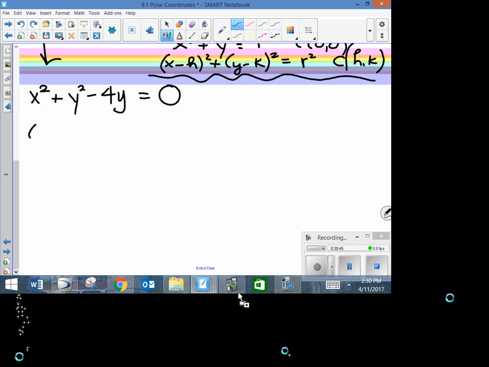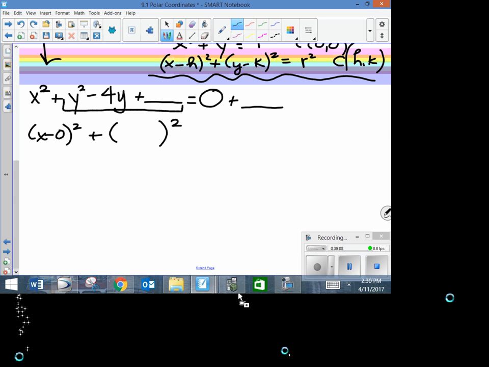So you can tell me how to. I've got this completed. I'm done with the 0. Now remember, you need to really make yourself remember that we're going to add something, and then we're going to add the same something over here. Okay. Remember this? Completing the square. So this needs to be a perfect square trinomial factored here.